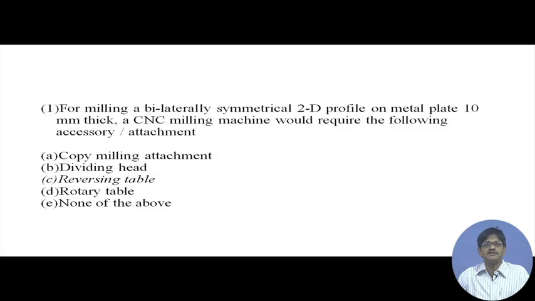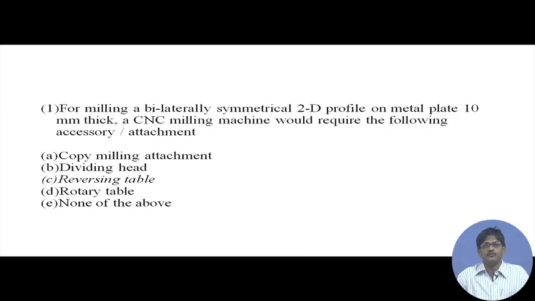And rotary table, you can perhaps rotate it and do the other part automatically, perhaps that way, and none of the above. So, it is written it would require, that means it essentially requires, otherwise it cannot do it. This is the meaning. Is it possible?